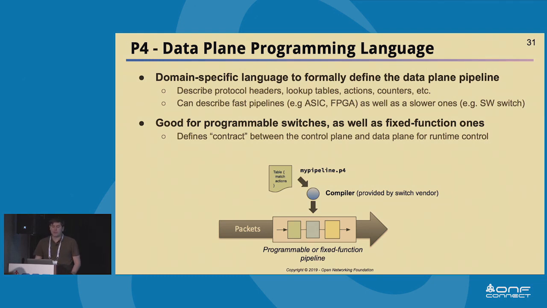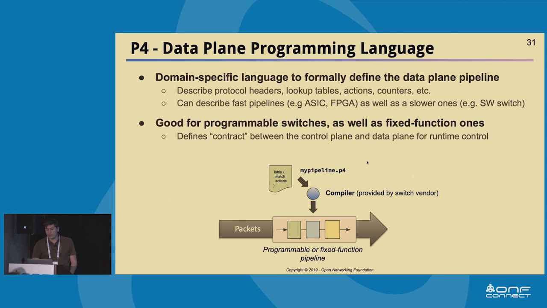The important thing is that P4 is good not only for programmable switches, but also for fixed function ones. The reason is that by formally specifying the pipeline, we are defining a contract between the control plane and the data plane on the actual capabilities that are supported by the data plane.